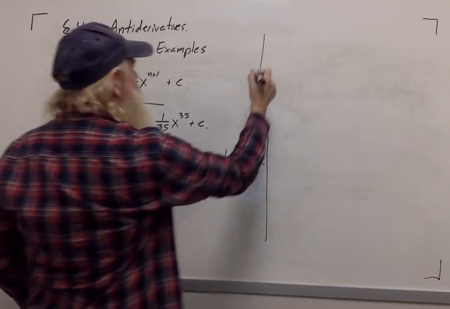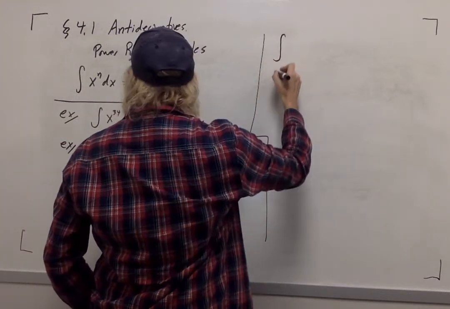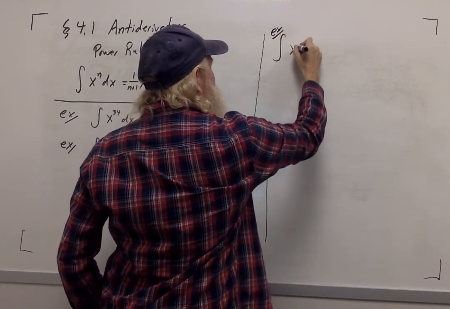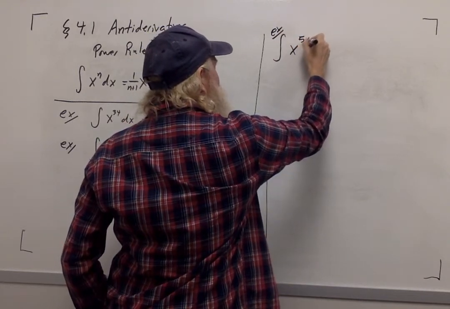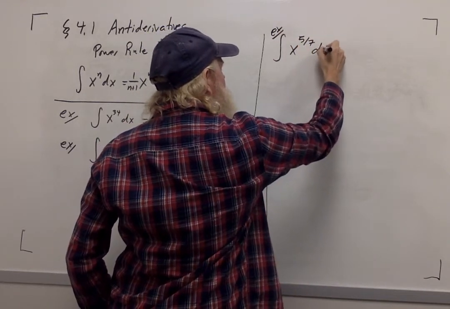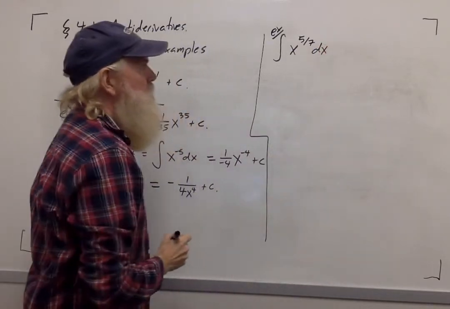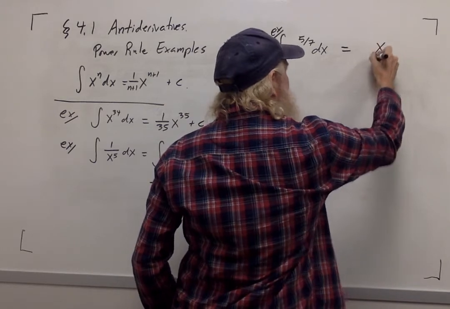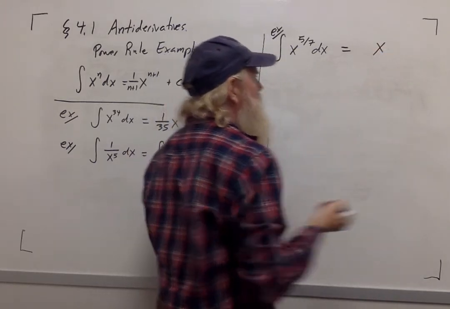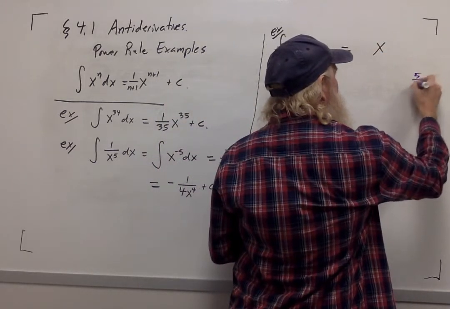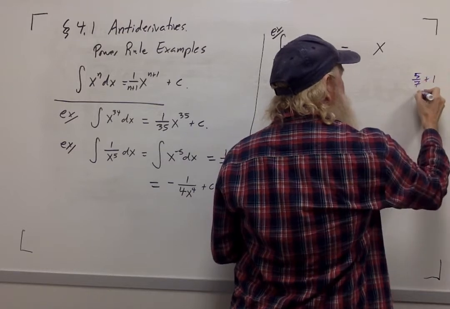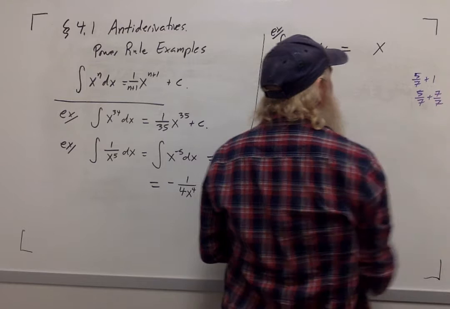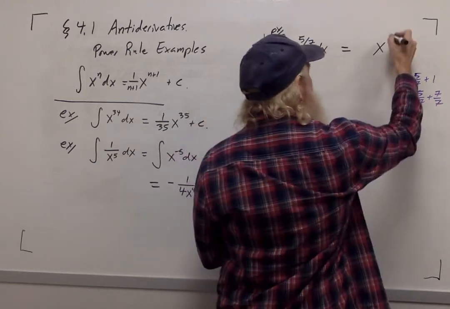Now the same rule applies when I have fractional exponents. So for example, if I wanted the antiderivative of x to the 5/7, then I still have to add 1 to the exponent. We might want to do a little scratch work. 5/7 plus 1 is the same as 5/7 plus 7/7, which is 12/7.